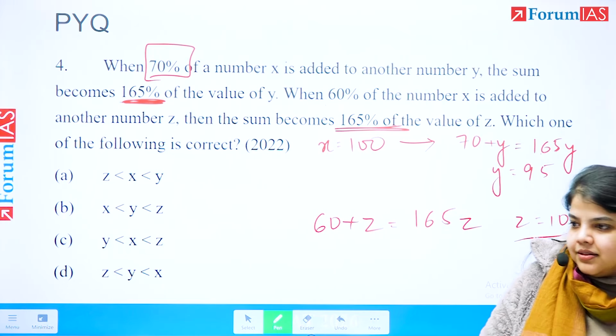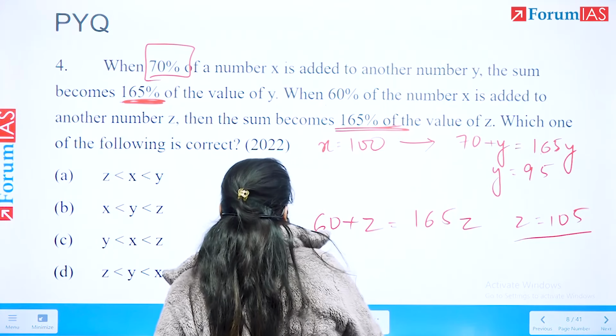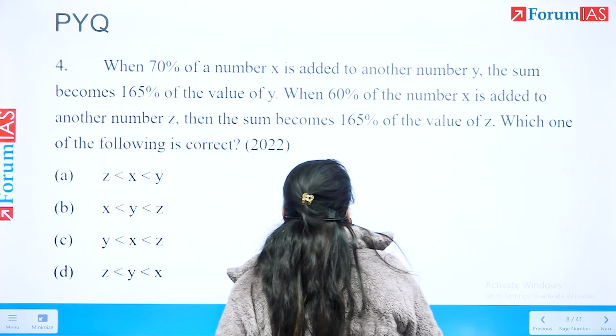कैसे? 1 second. So you said 0.7x, 70% of x plus y is equal to 1.65 of y. This gives us an equation in y. Y equal to something of x. 0.65y, yes, हाँ ठीक है. 0.65y is equal to 0.7x.